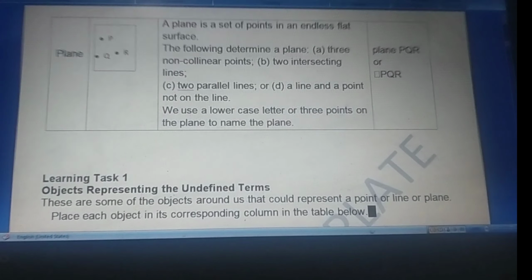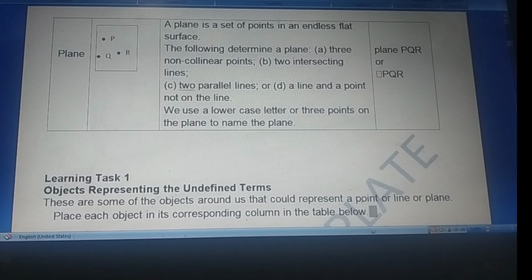Next, 2 intersecting lines. Let's say the beams of a building. They are connected. When these 2 beams intersect, then they lie on the same floor or in the same plane. The third one is 2 parallel lines. Let's say the edges of the table, the edges of the blackboard, they lie on the same plane or plywood.